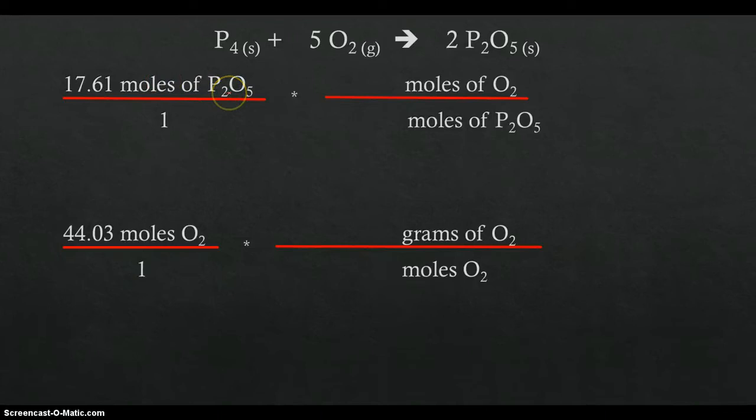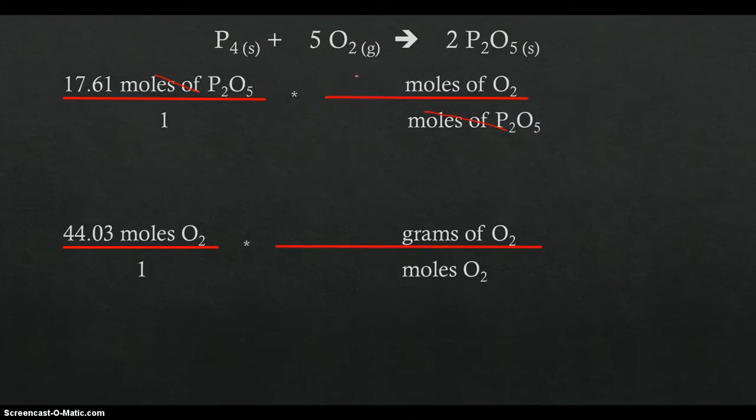Remember, we don't want to be in moles of diphosphorus pentoxide. We want to be in moles of oxygen. So I'm going to set up a new fraction to cancel out moles of diphosphorus pentoxide, and I want to be in moles of oxygen. And then, because I'm going from moles to moles, I'm going to use my ratio between them.